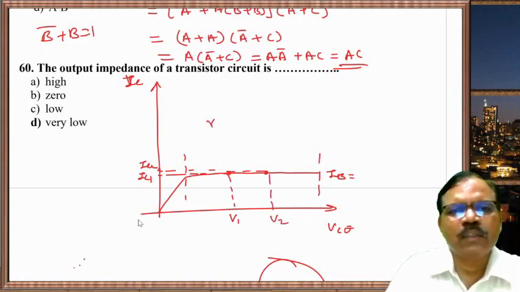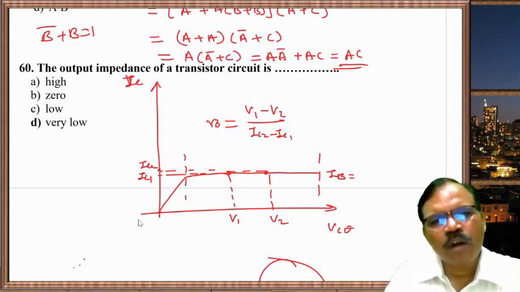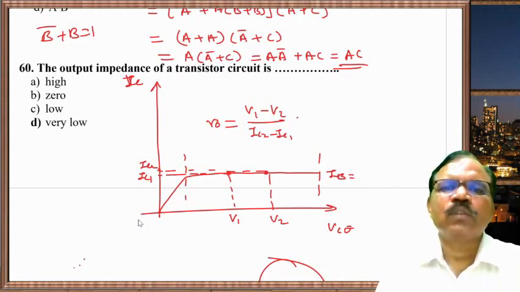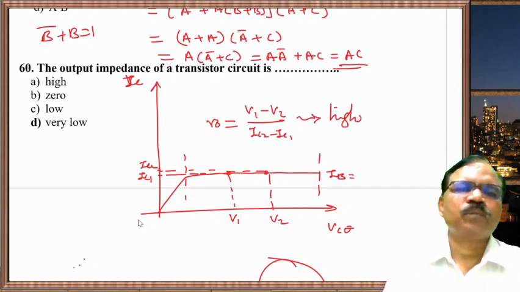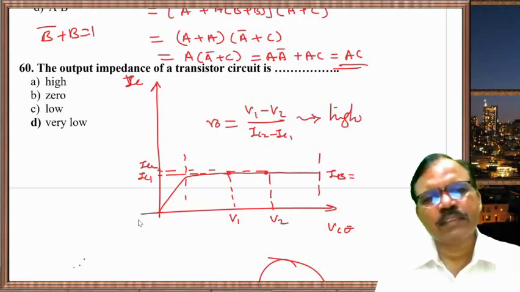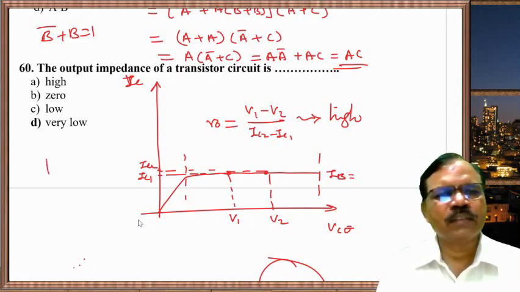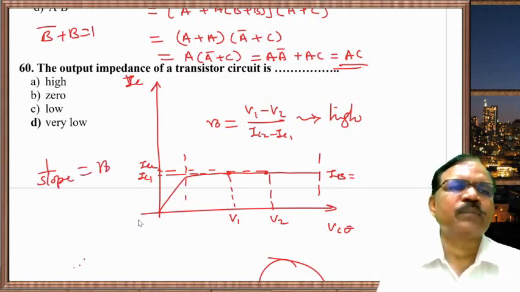R0 is (V1 minus V2) upon (IC2 minus IC1). And if we see here, for a very small change in collector current, there is a large change in output voltage. So the slope is low, and 1 upon slope is R0, the output resistance. So it is high.